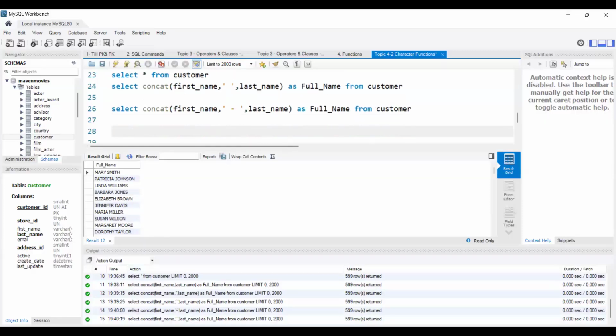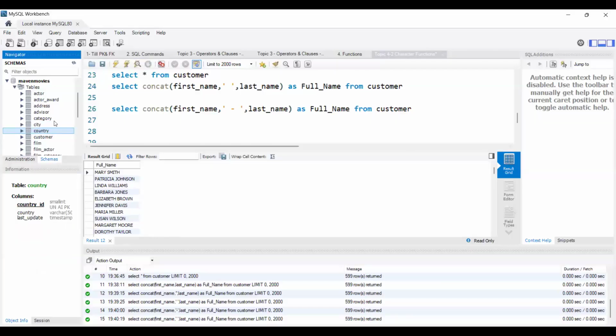So this is about concatenating. We will use this more frequently if we want to combine columns, especially for names, and we will also concatenate the address columns. If we have city, state and country separately, we will concatenate all of them together. This is especially common when working as a Power BI developer. First we get the data like this, and the first thing we try is to reduce the columns, so we check which columns we can concatenate.